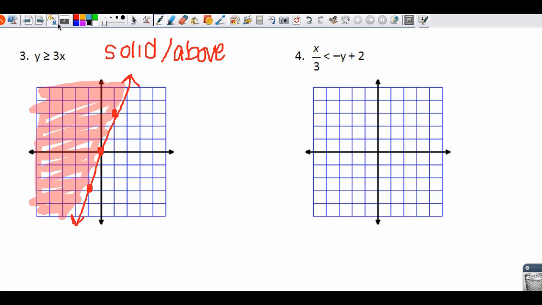You can pick a test point at any time. So I could pick a test point, maybe I pick -2, +2. So what that means is I plug in -2 for x and +2 for y.